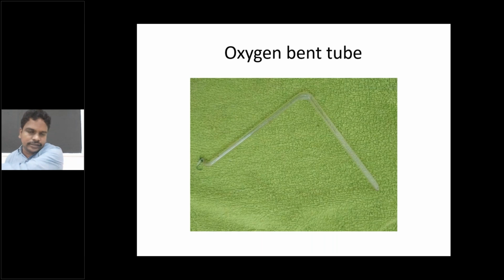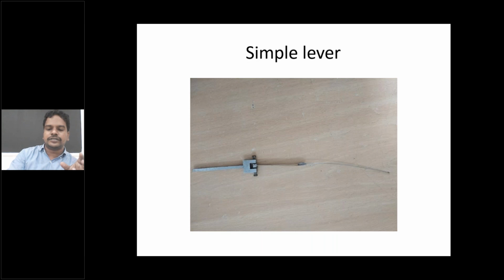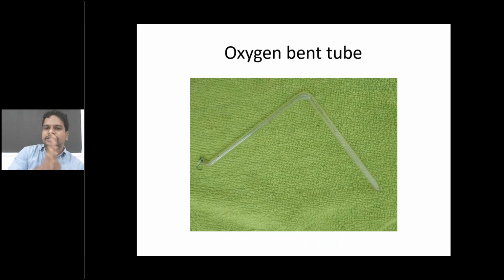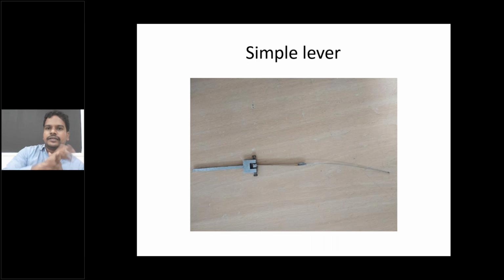You need to identify the instrument and write the drugs administered through it. The last two instruments are the simple lever and the oxygen bend tube; you need to write their uses. That's all. With this I conclude.